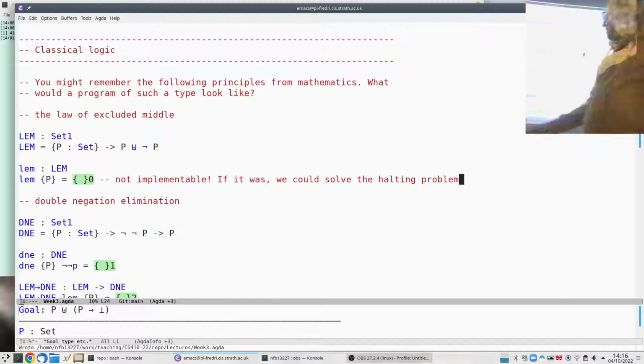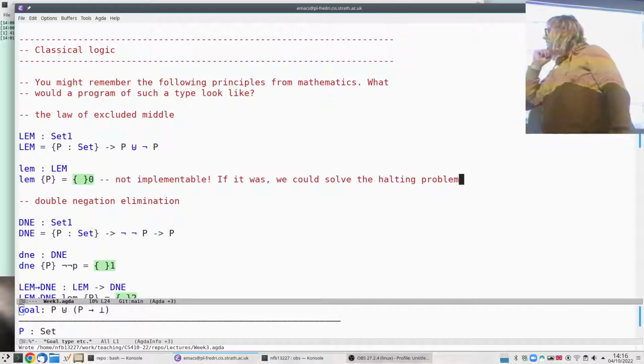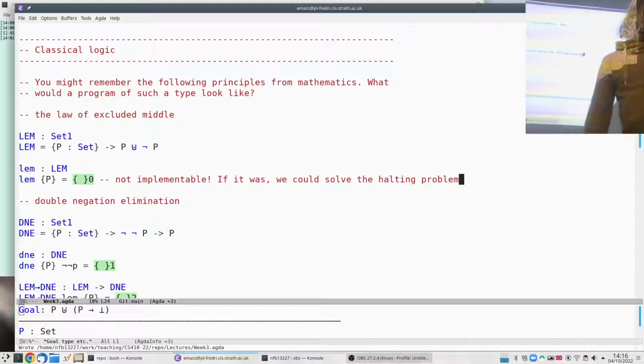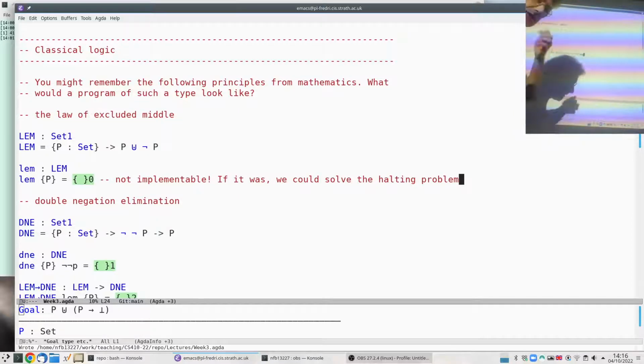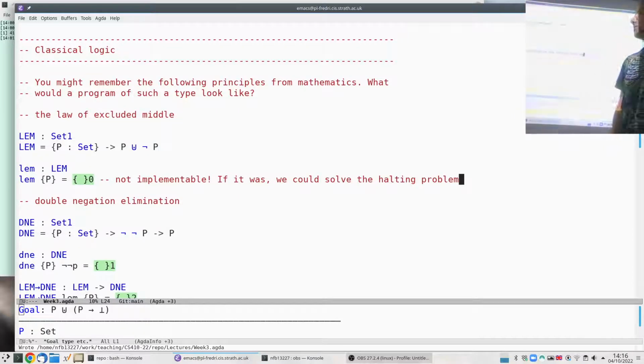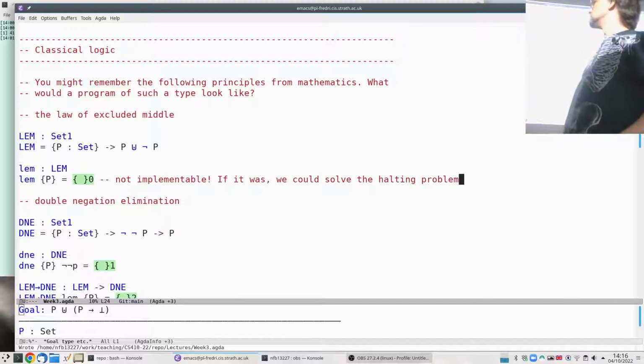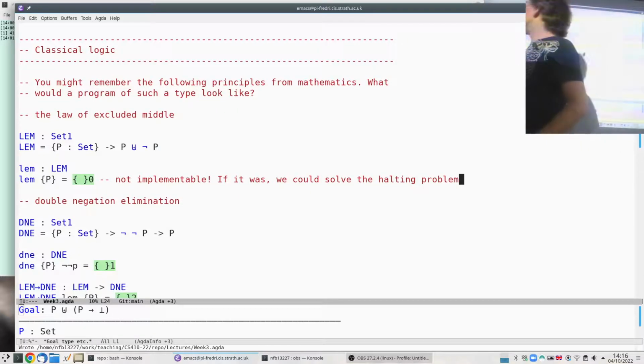Okay, Connor, do you want to try and prove this principle? I can have a go. Explain it first, of course. Yes. So this mysterious DNE is called double negation elimination.